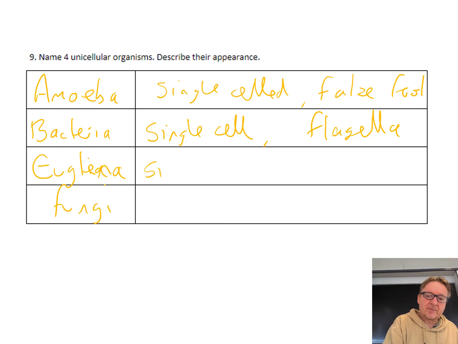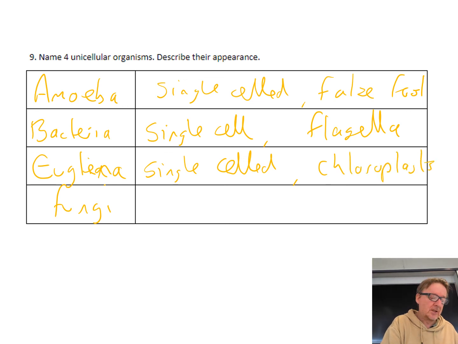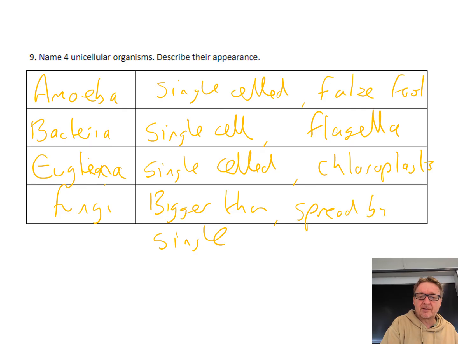Euglena are again single-celled, but they have chloroplasts. And fungi, they are bigger than the others. They are still single-celled, and they are spread by spores.